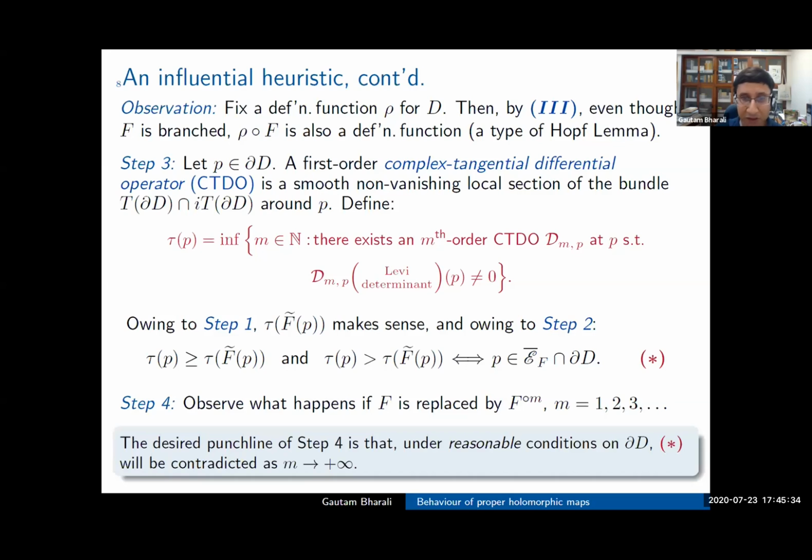What you now do is you look at what happens when I replace f by its iterates. What does that statement mean?